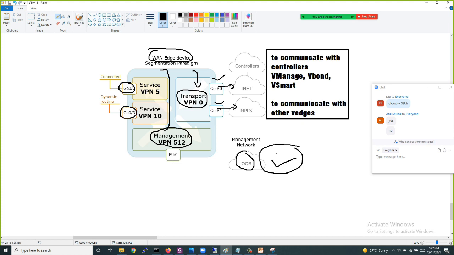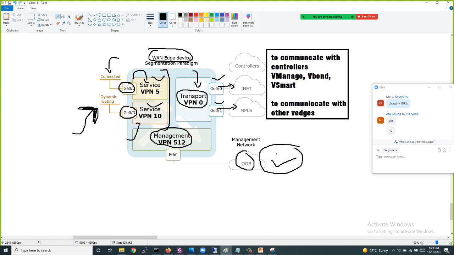You configure 0/2 to be a member of VPN 5, 0/3 to be a member of VPN 10. On VPN 5 you only have a directly connected network. On VPN 10 you are running dynamic routing, right? So all the interfaces which are going to connect to the LAN side will be part of the service side VPN, or we call them service VPNs, right?